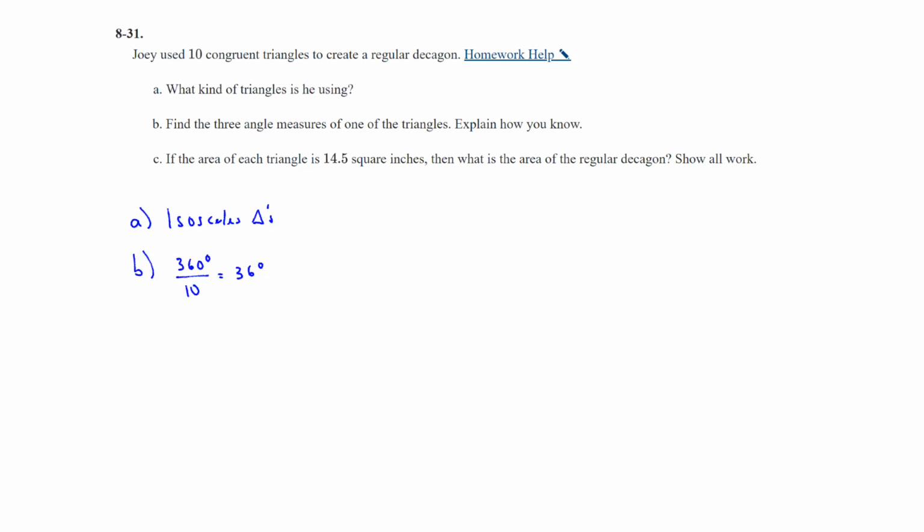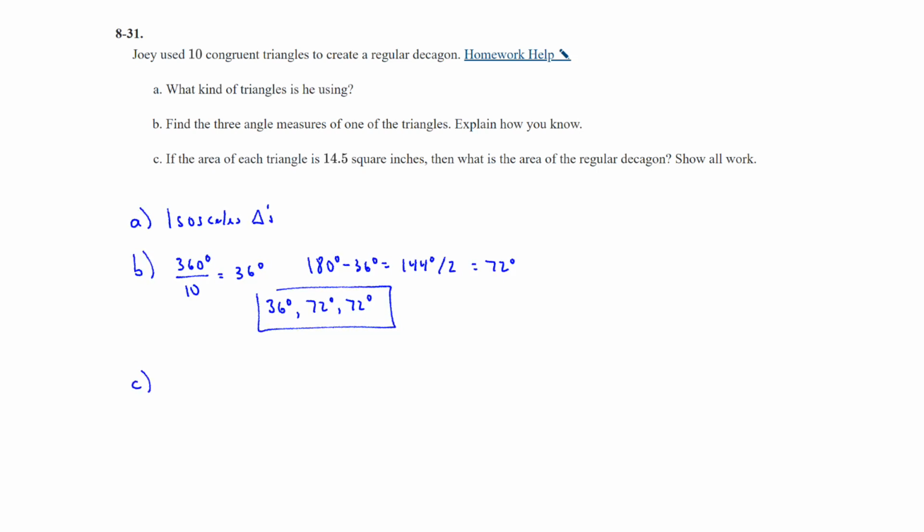And since it is isosceles, then you can say, okay, well, what's left? 180 minus the 36 is 144 degrees, and that's split between two angles. So that will then give us 72 degrees. So we have 36 degrees, 72 degrees, and 72 degrees for the three angles of that triangle.